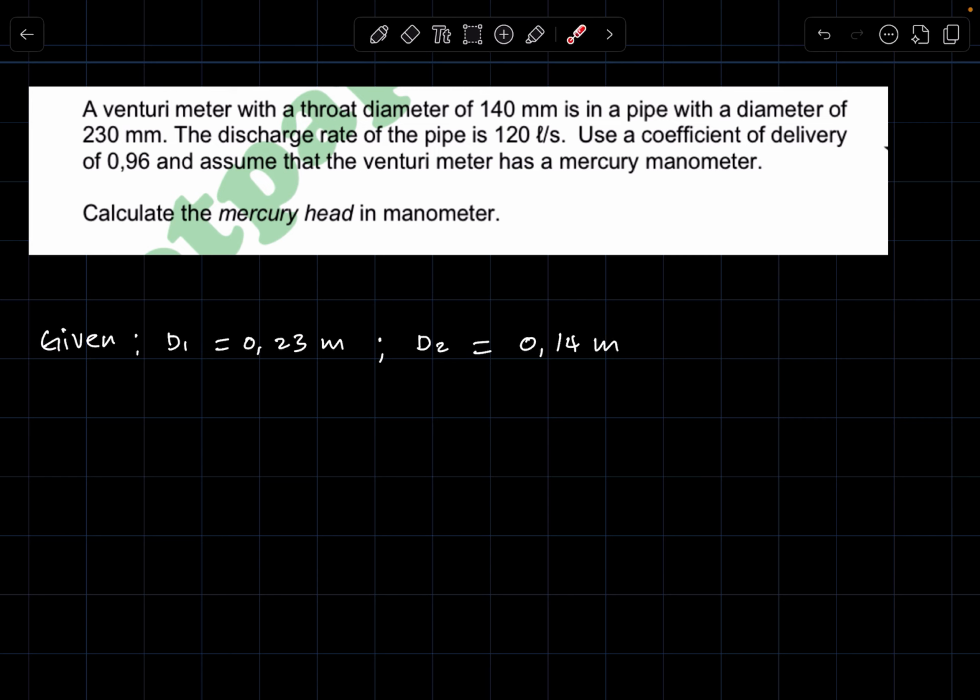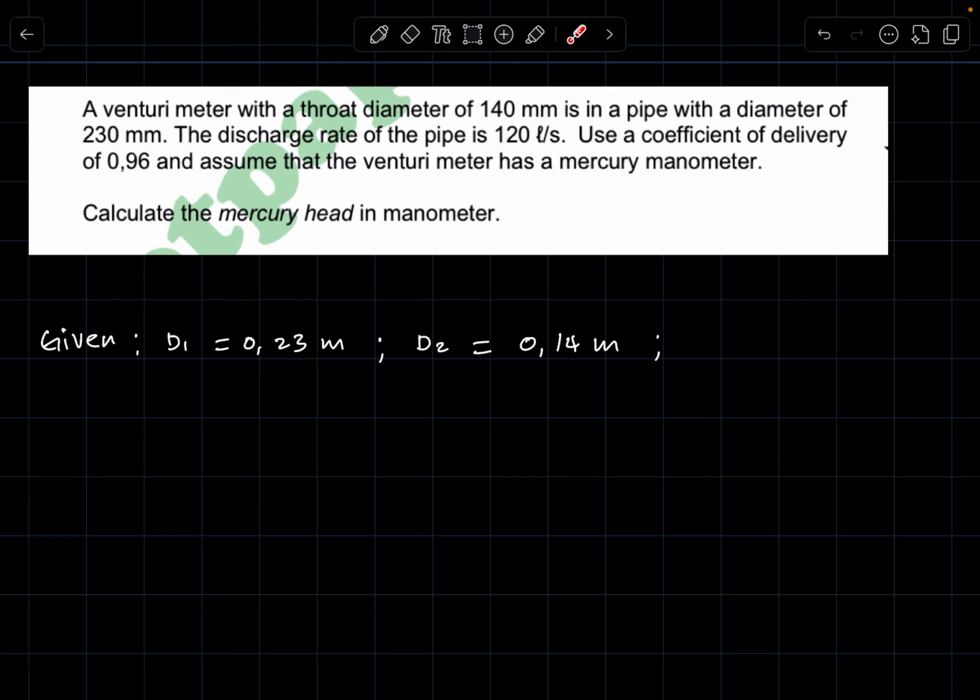The discharge rate of the pipe is 120 liters per second. When you've been given quantities like velocity of the fluid in the pipe, or the discharge or the flow rate of the fluid in the system, we always assume that the quantity you've been given is the actual.